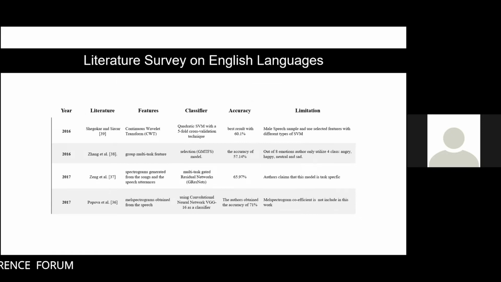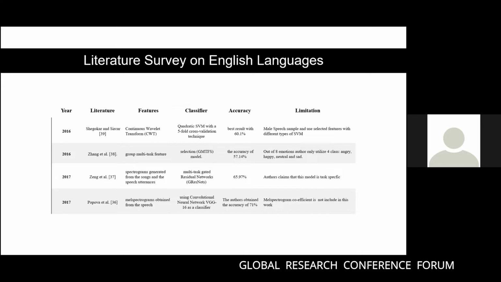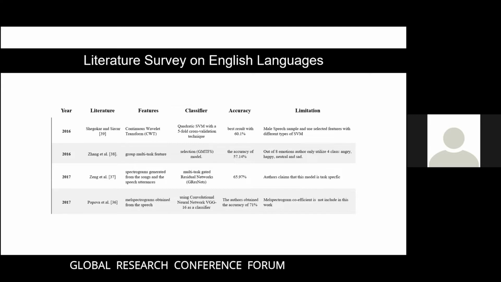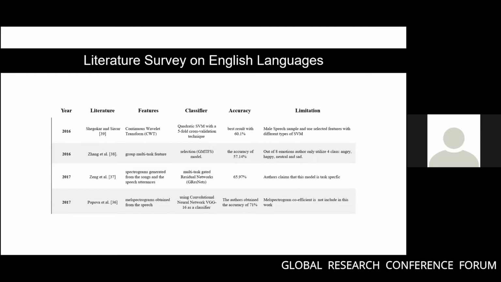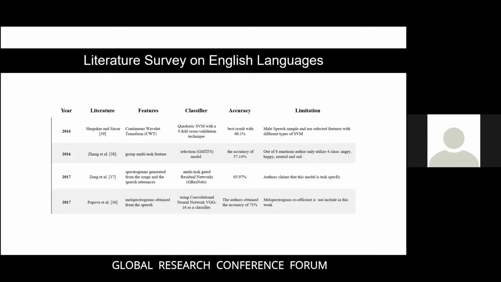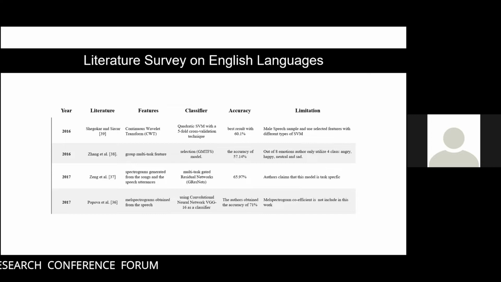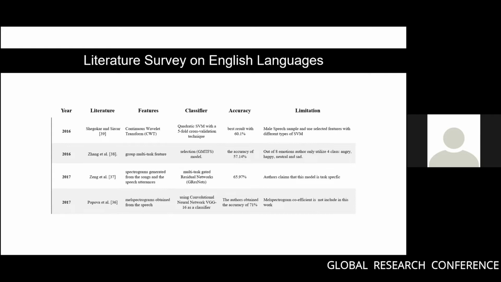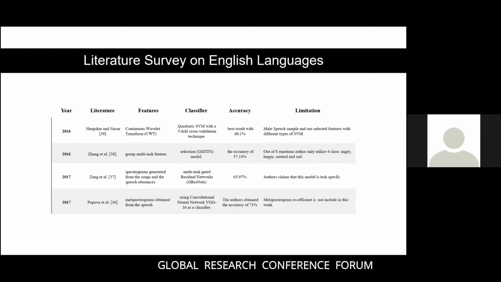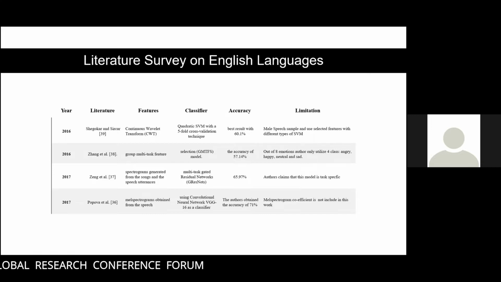Next, for English language databases like the RAVDESS database and the TESS database, we have worked on that. There are four important papers: Sagrekor, Jen et al., Zhang et al., and Papuga. They worked with very good features as well as some classifiers, but our performance is much better in the case of English.